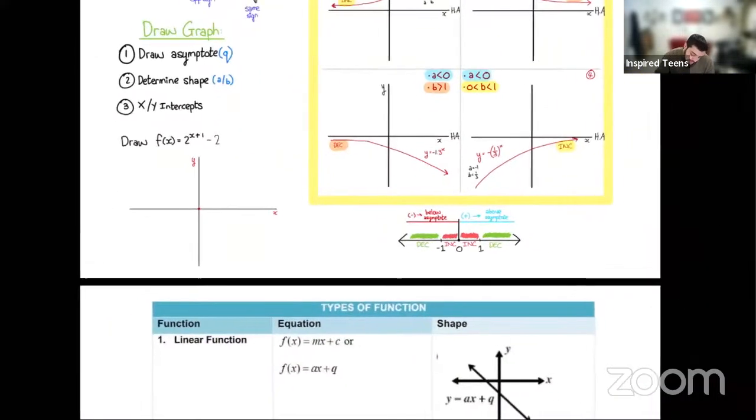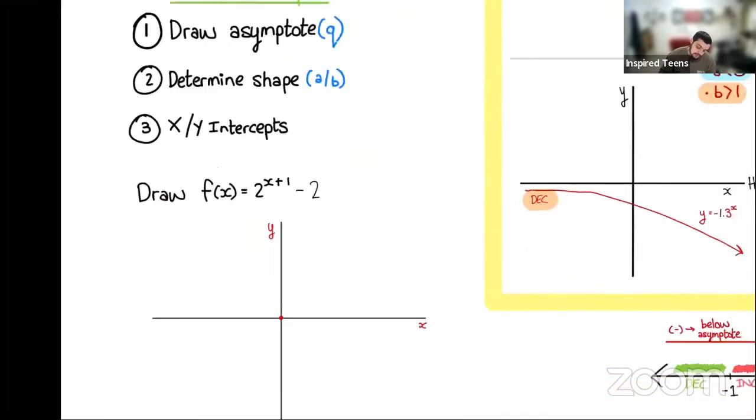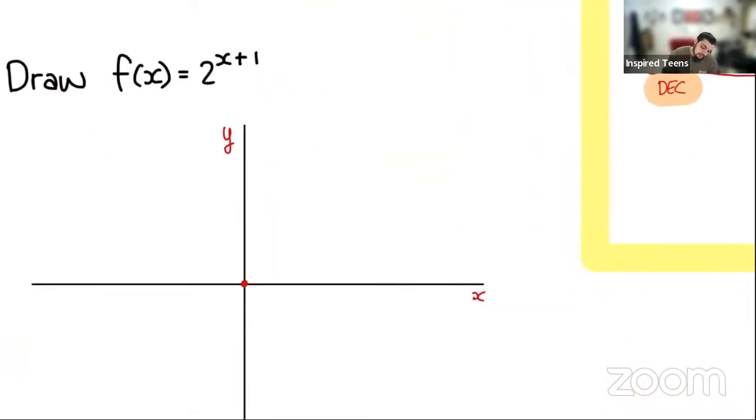So let us draw an example. So they say first step is to draw the asymptote, determine the shape, x and y intercepts. So let's have a look at this. Draw the asymptote. So my asymptote, remember the equation is in the form y is equal to a times b to the power of x plus q. So in this case, here's q.